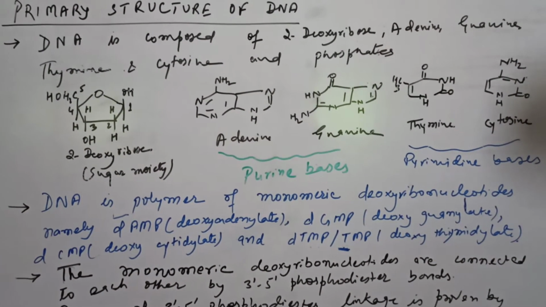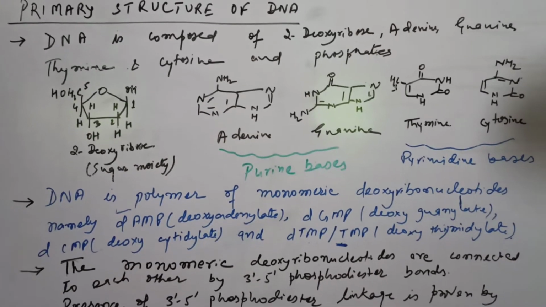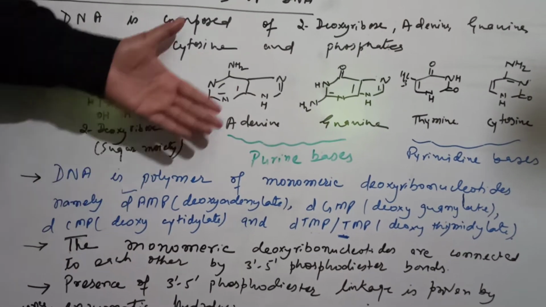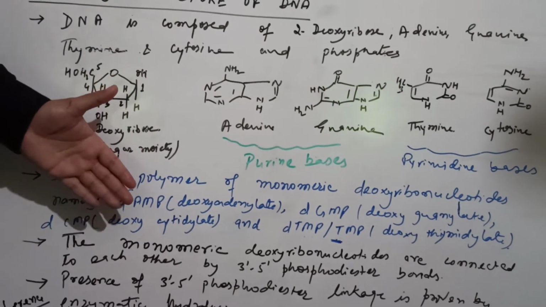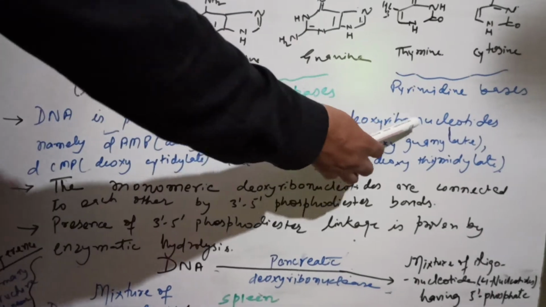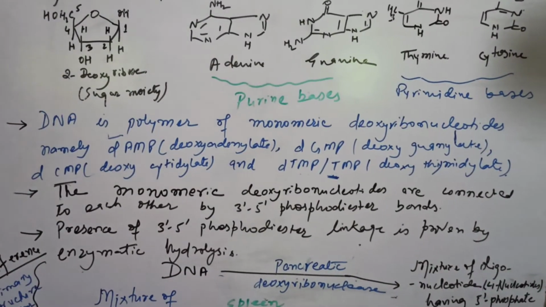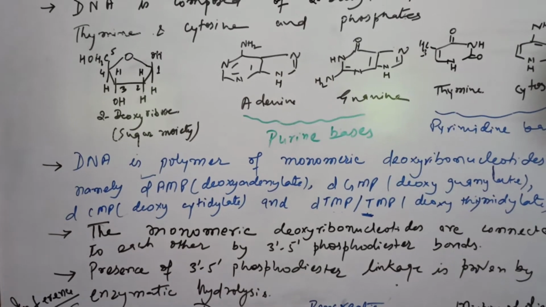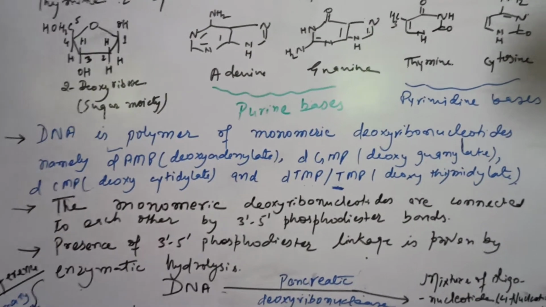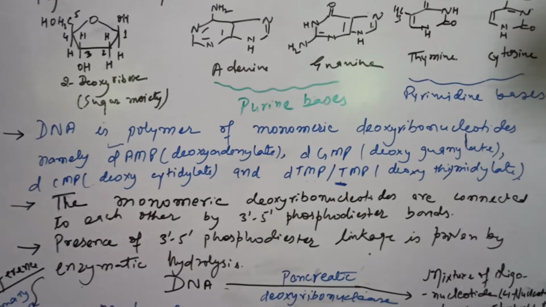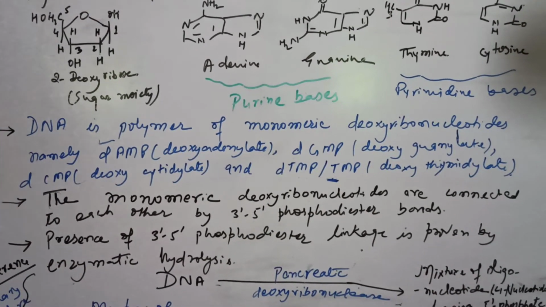Now you also know that DNA is a polymer. Polymer of what? What is the monomeric unit? The monomeric units are deoxyribonucleotides. A nucleotide is made up of heterocyclic base, sugar and phosphate, and the phosphate is at the 5' position.